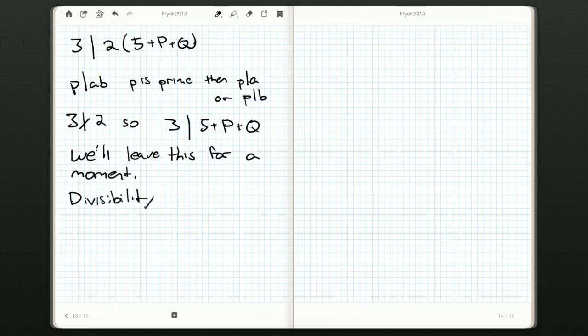So just like divisibility by 2, if you're divisible by 5 to the power of k, your last k digits must be divisible by 5 to the k. So if we're just divisible by 5 to the power of 1, it means your last digit, your final digit, must be a multiple of 5.